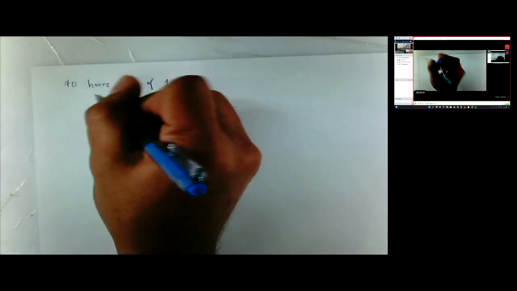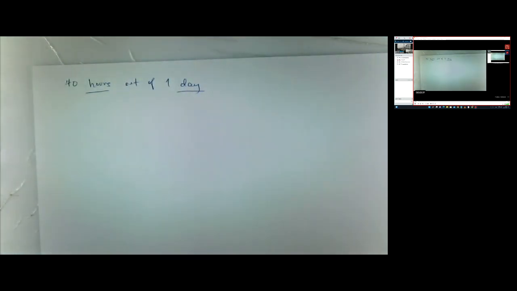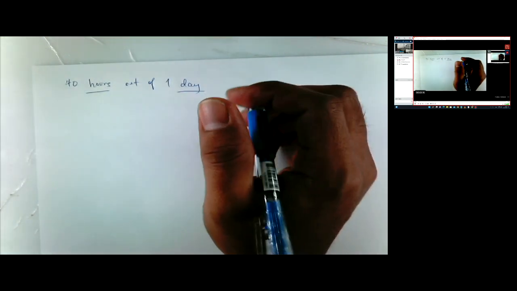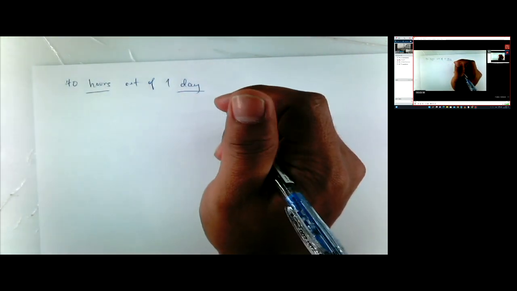Again, we're going to get the percentage of these given numbers. Since this is hours and this is day, just like when we did with ratio, we need to make the units the same. Now, how many hours in one day do we have?